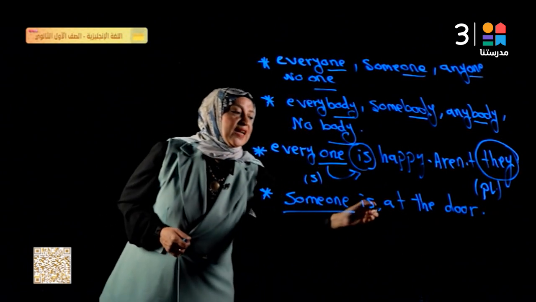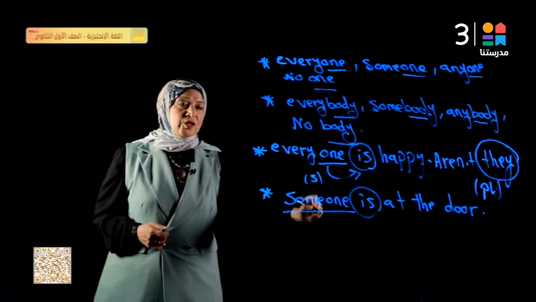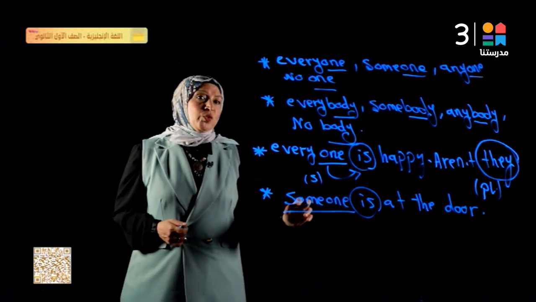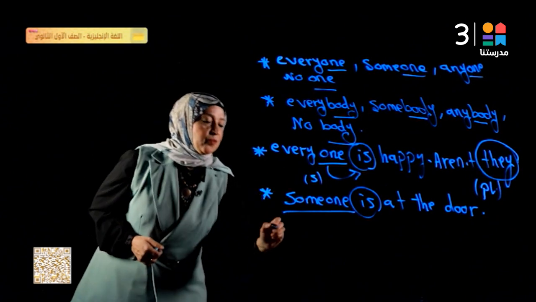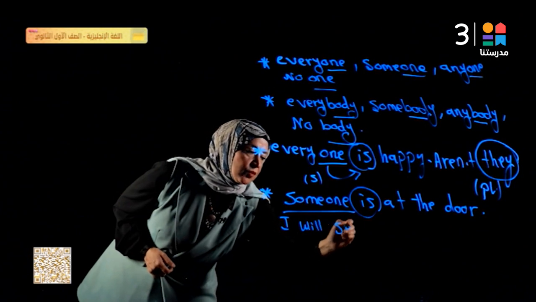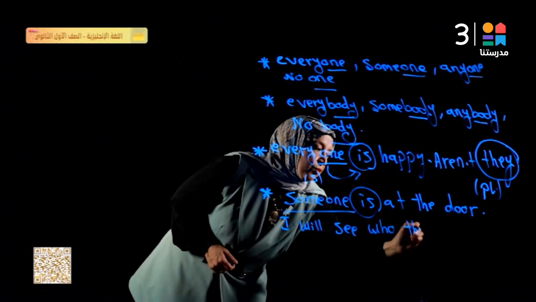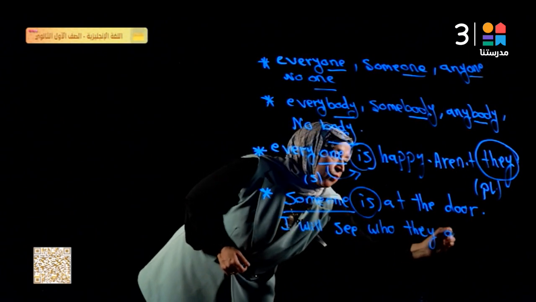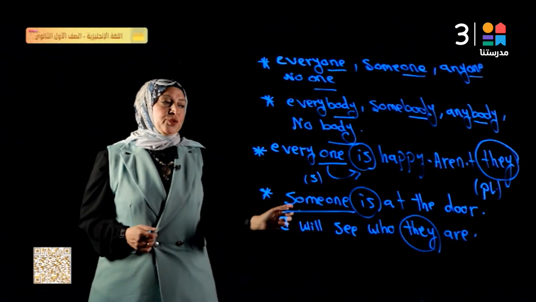So here the verb is singular. When we refer to this person with a pronoun, we will say, I will see who they are.